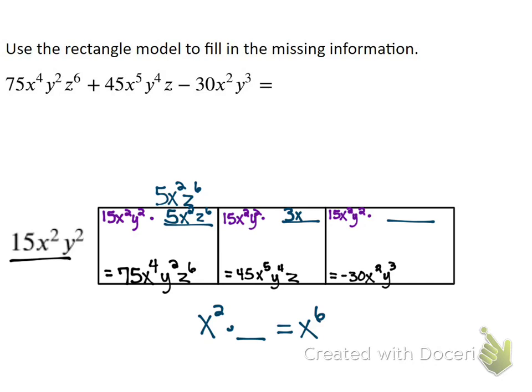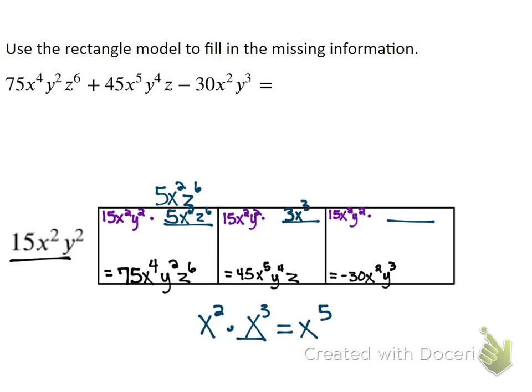You're going from 2 to 5. So if I'm adding the exponents, because they have the same base, what does this x have to have in order to get me to 5? 2 plus what equals 5? 3. So it's going to be x to the 3rd.